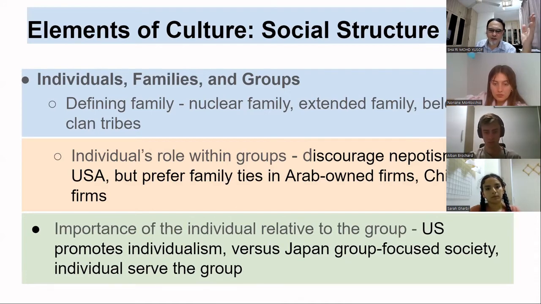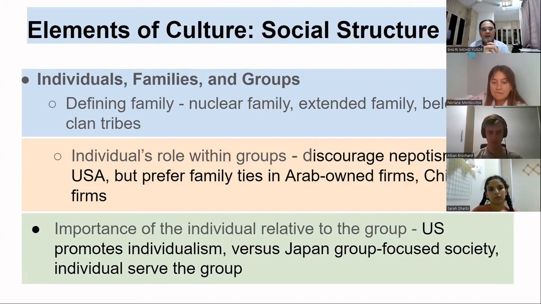Why? Because in the US it is the person's talent or individual performance which is considered. But in Japan, my salary depends on my group performance, so it's being shared with the group.